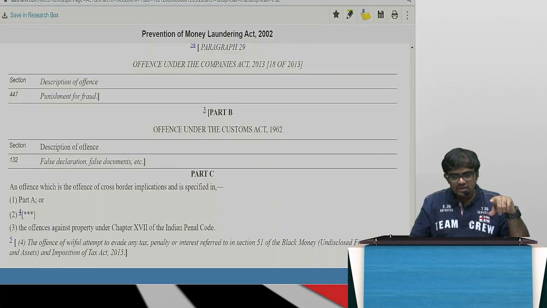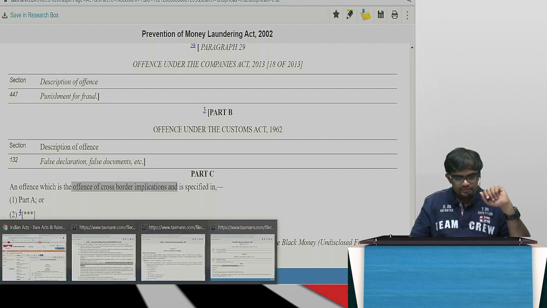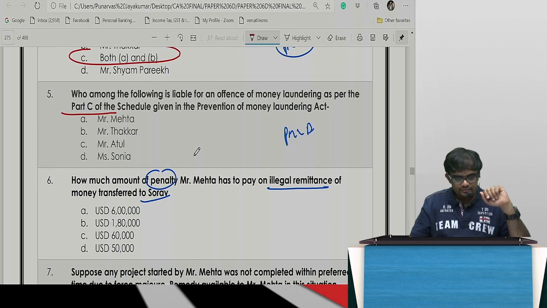But if you go to part C, offense of cross-border implications of that which is specified in part A. So cross-border, who? Sonia Madam will be liable here.